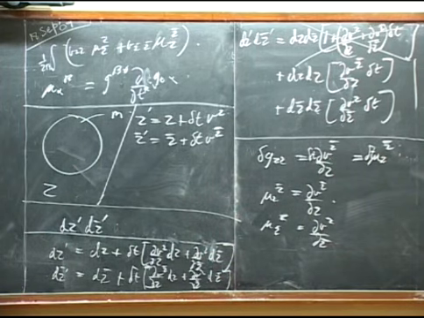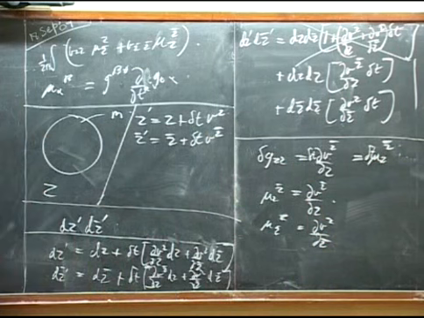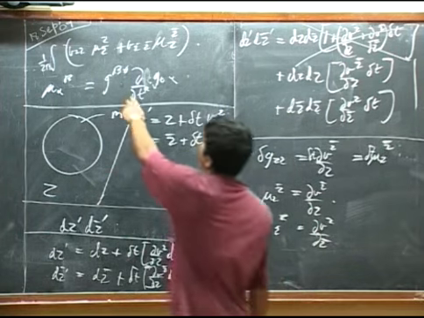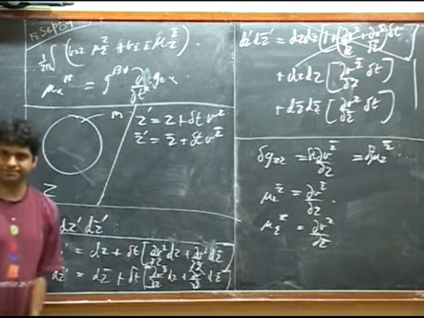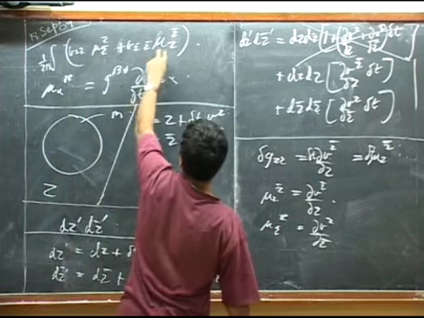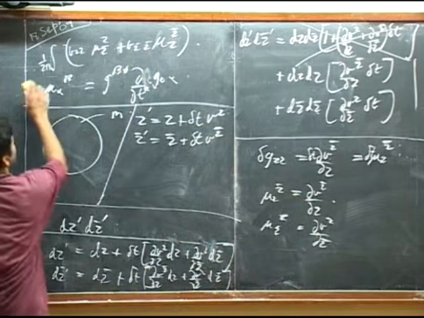Is this clear? Okay? So let's proceed. So what we are interested in doing is evaluating this object. So all we have to do is replace this mu z z bar and mu z bar z with these things. Okay?